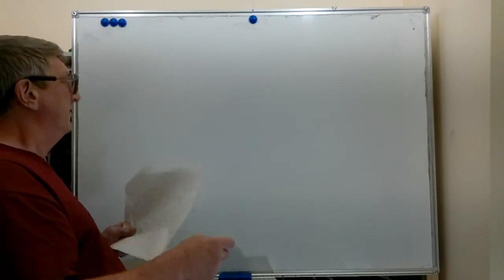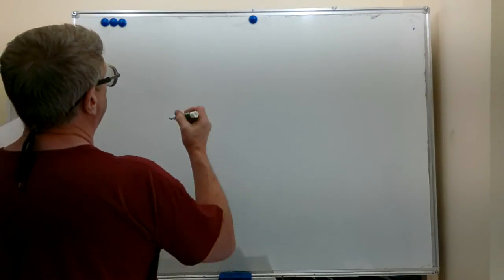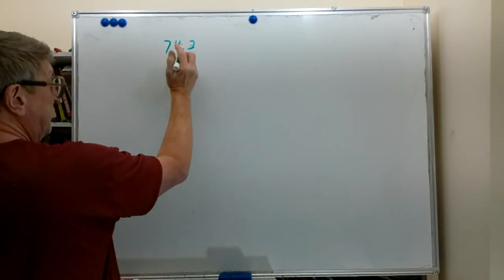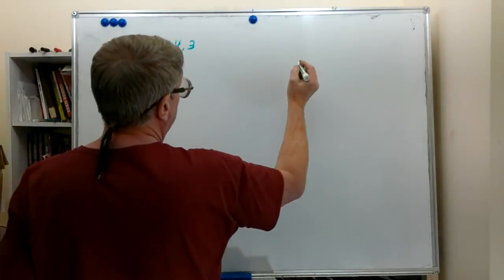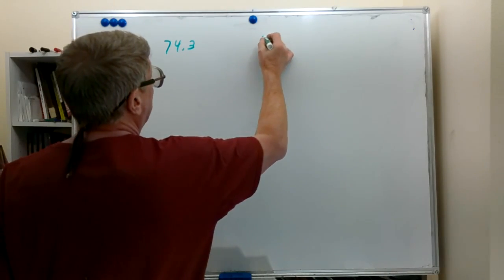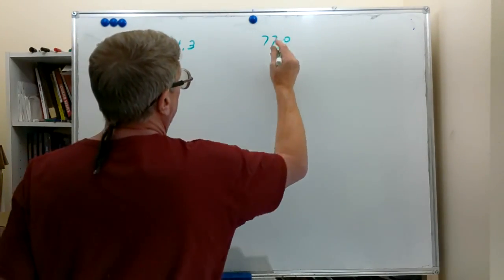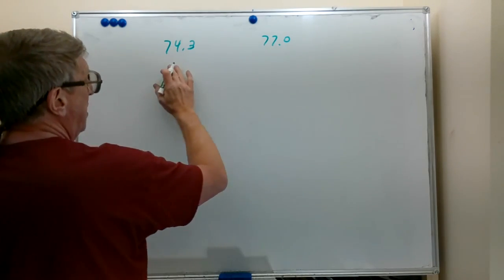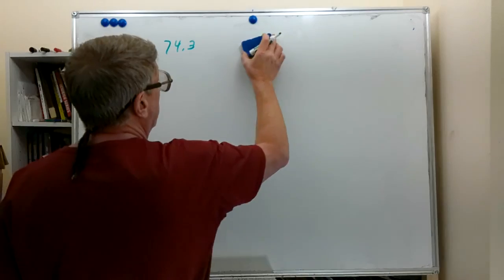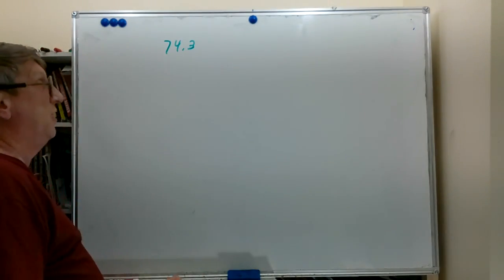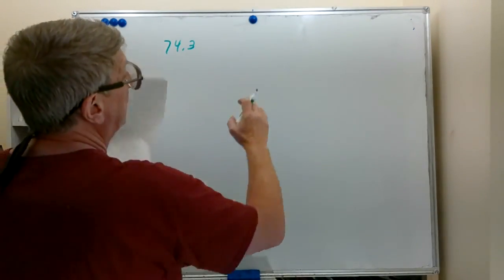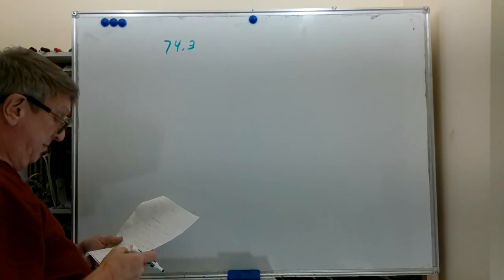But if your number that you've written down is 74.3, 3 significant digits there, and if you had a better reading, it was actually 77.0, but we have some error here. A lot of times we think of that as accuracy, but in the context of what we're doing right now, we're thinking of the number of significant digits. More significant digits is a more accurate number.